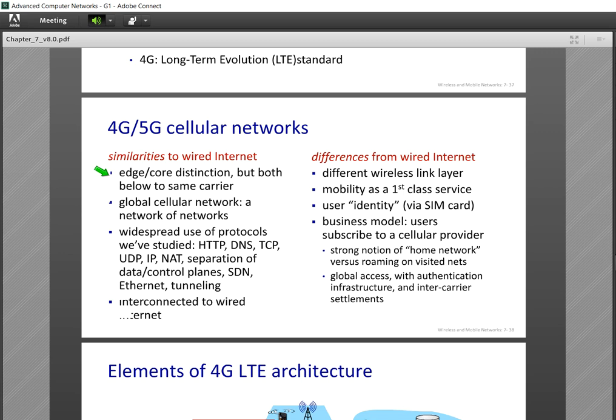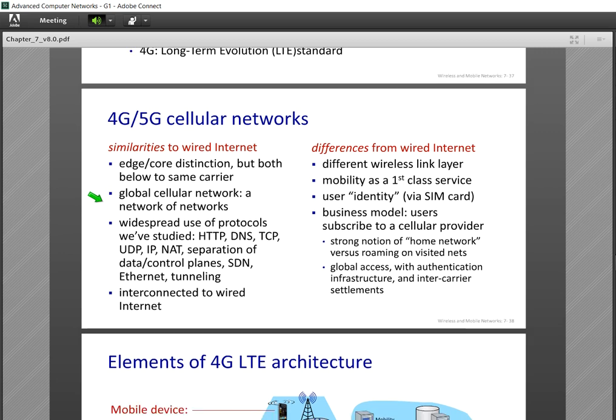And also we can see that the global cellular network is a part of today's internet. It consists of a network of networks.